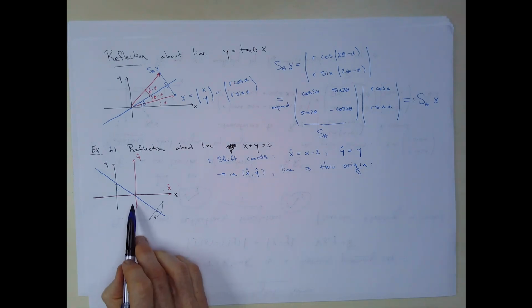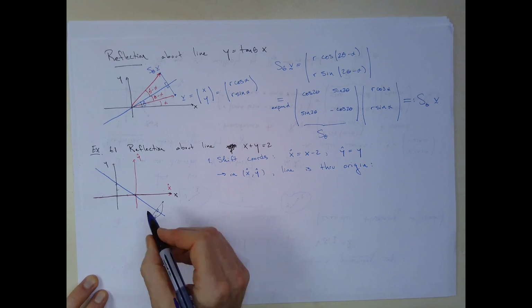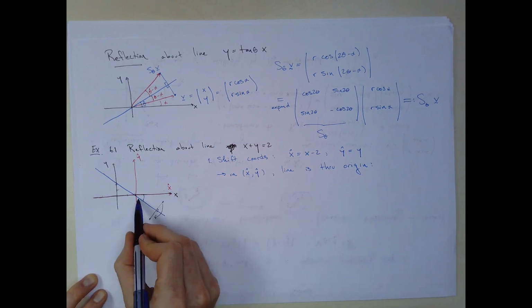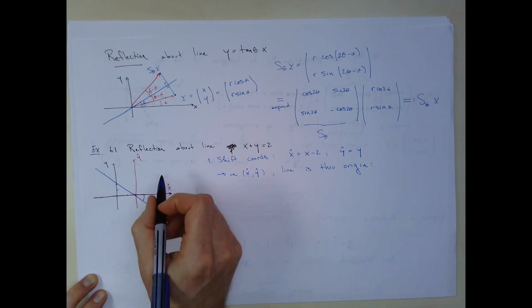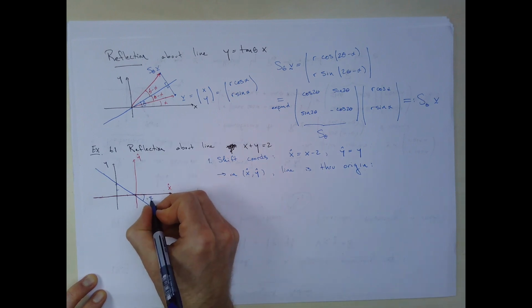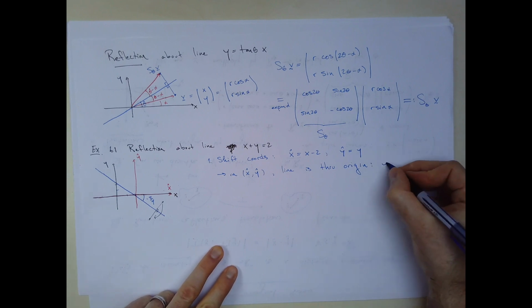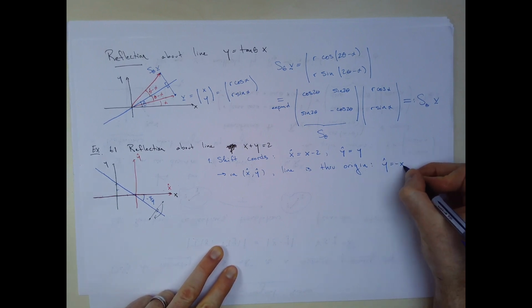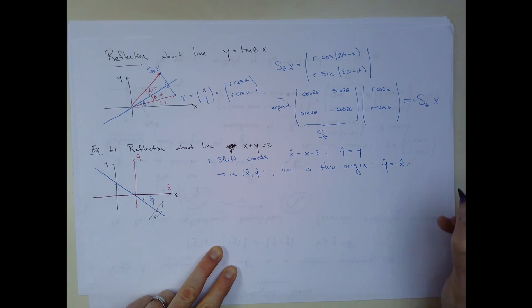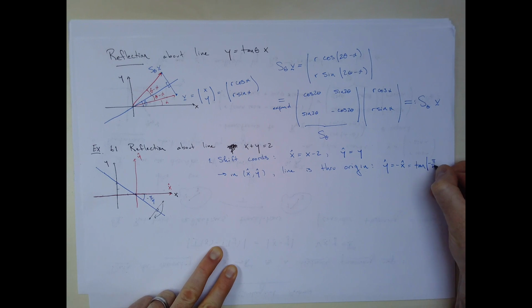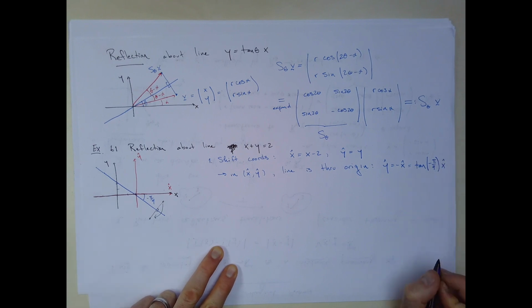In fact, that line, because this was a slope of minus 1, this is pi over 4, or really minus pi over 4. And so that line is the line y hat equals minus x hat, which we could write as tangent of minus pi over 4 times x hat.